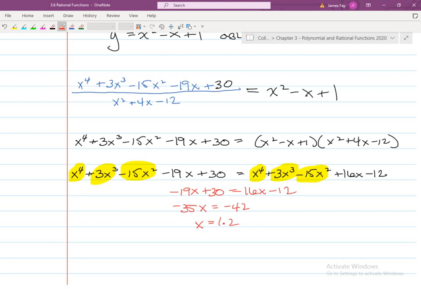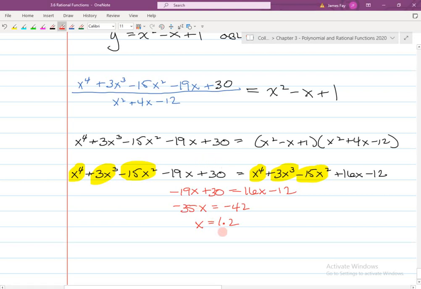So because I get an answer here, that tells me I do cross at x equals 1.2, right? Okay, now so here's the thing. I'm crossing the horizontal, or sorry, in this case, the oblique asymptote. That means my rational function and my oblique asymptote are sharing the same y value.